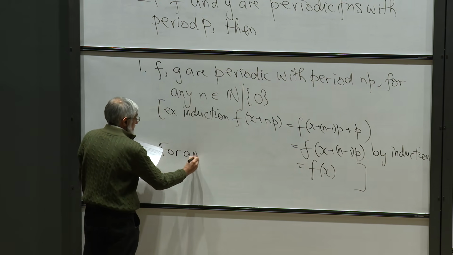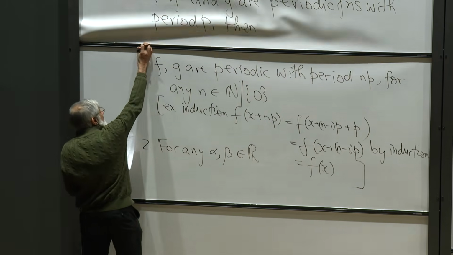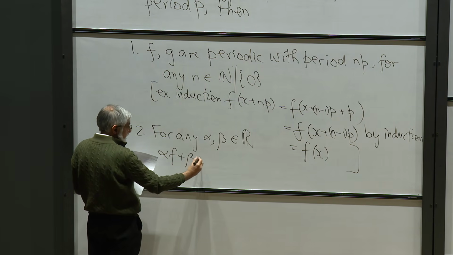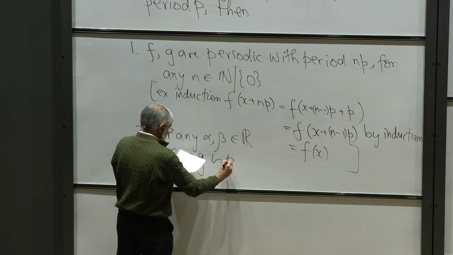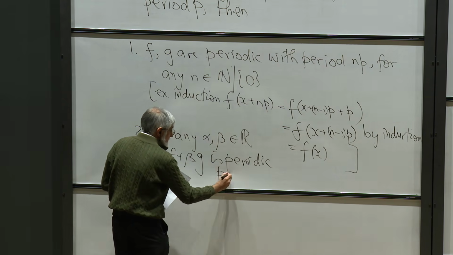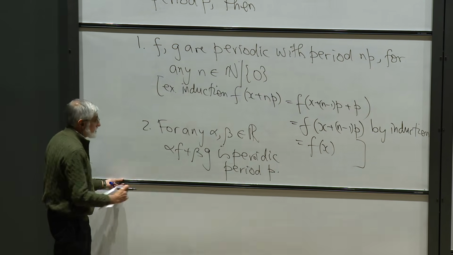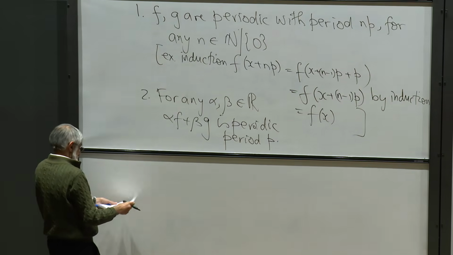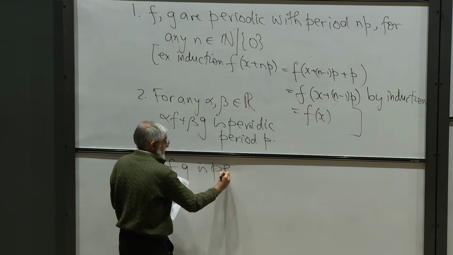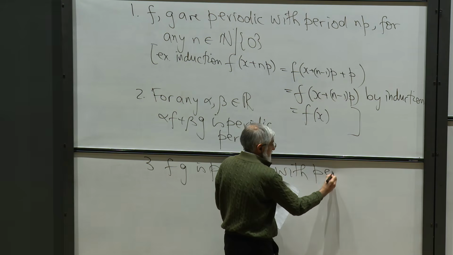For any alpha, beta real, the linear combination alpha f plus beta g is periodic, period p. Leave you to prove that. fg is periodic with period p.